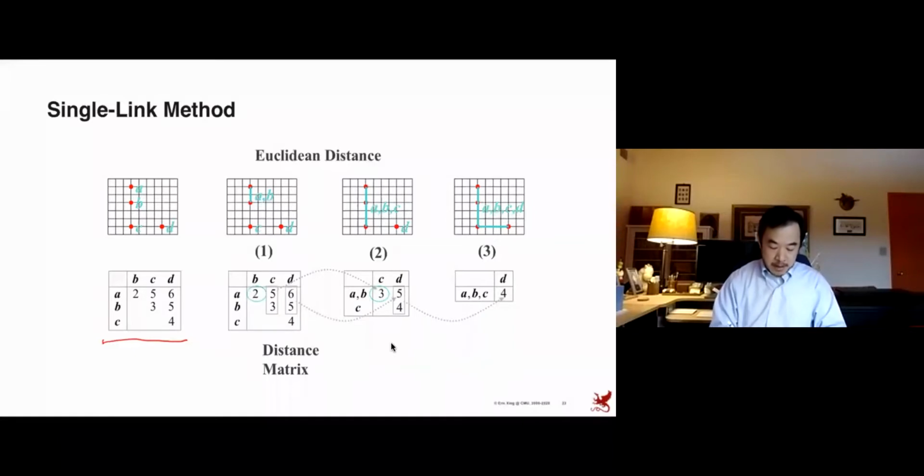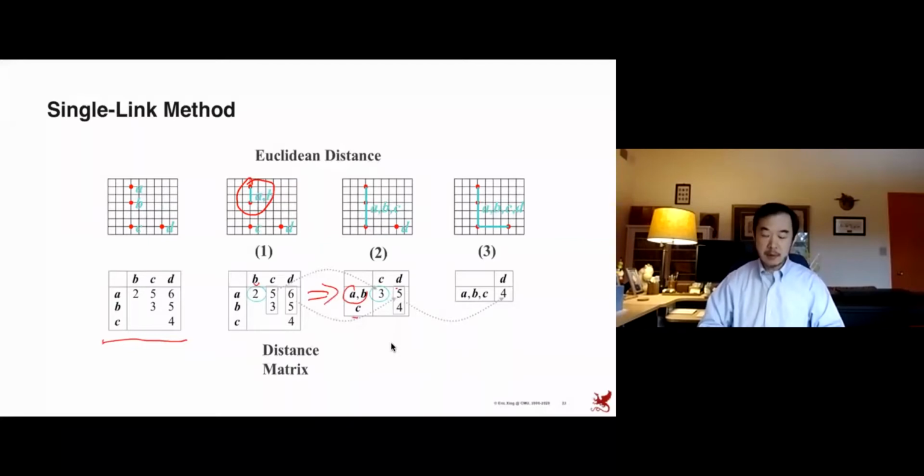By single link, I first join the closest 2 points, which is 2. Therefore, A and B form a cluster. Once A and B form a cluster, this table gets reduced into a table with one cluster less. Therefore, this is a cluster, and C and D are potential other clusters.